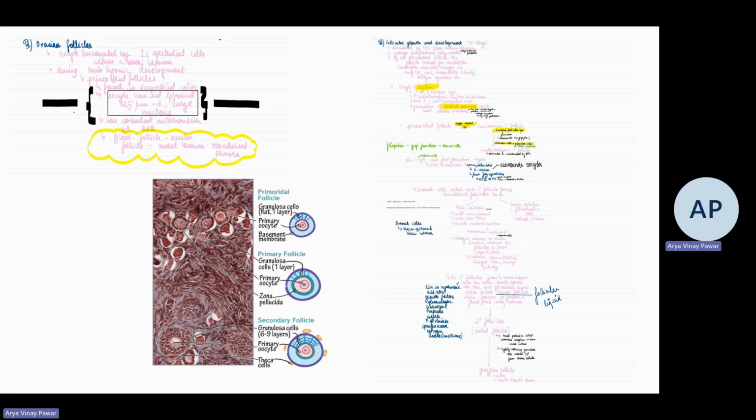Basically, it's just a barrier, like we talked about. It separates the follicle from the vascularized stroma. The basal lamina of the primary oocyte separates the follicle from the vascularized stroma.